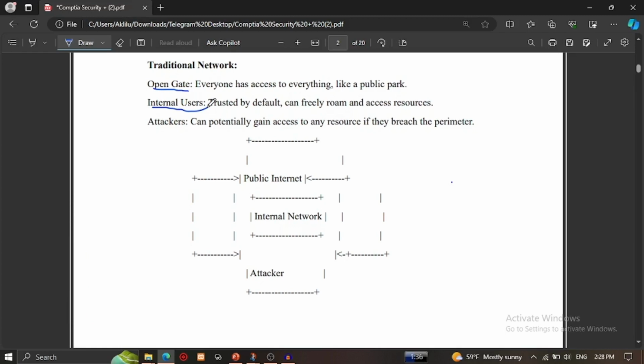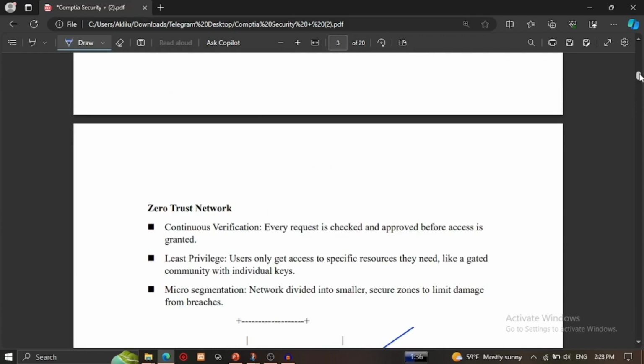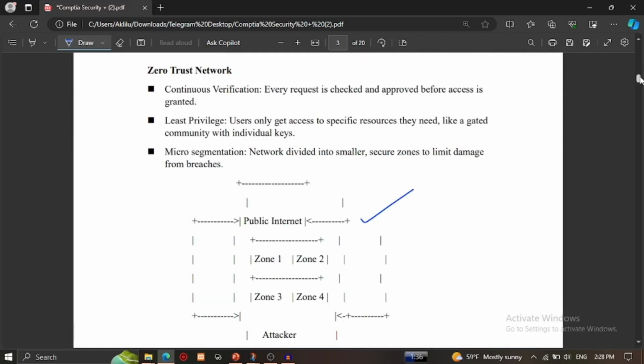Attackers, as we all know, can potentially gain access to any resource if a breach happens, or if there is a breach of the perimeter. So there is a public network, the internal network, then the attackers outside the network. So the traditional network architecture resembles this, while a zero trust network looks like this.